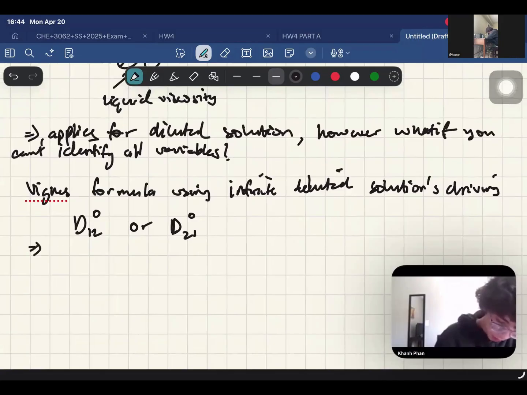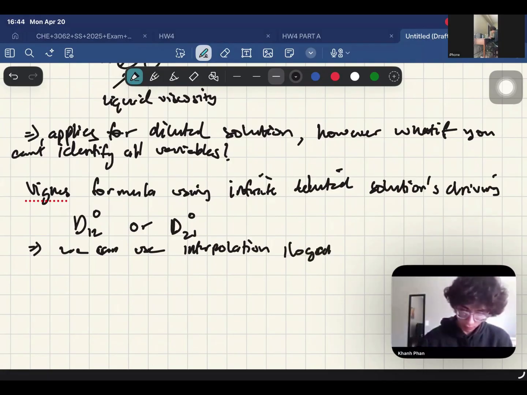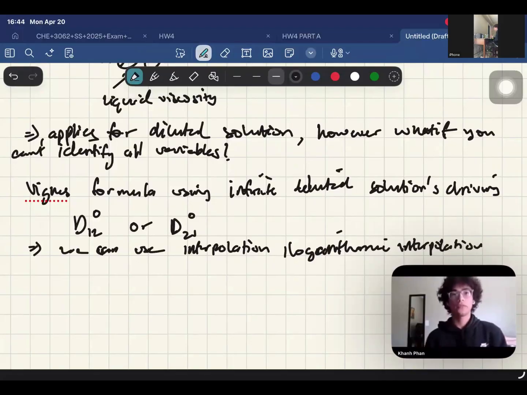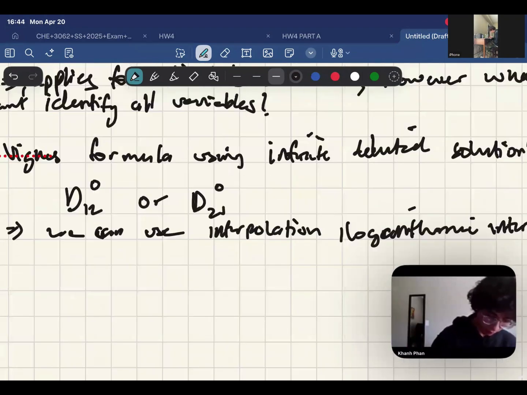And so why do we use this? Because with this equation we can use interpolation. Notice this is not linear interpolation. This is logarithmic. It's a similar idea to linear interpolation, to find the diffusion coefficient of the binary mixture at any mole fraction of any component. So the formula is gonna look like this.